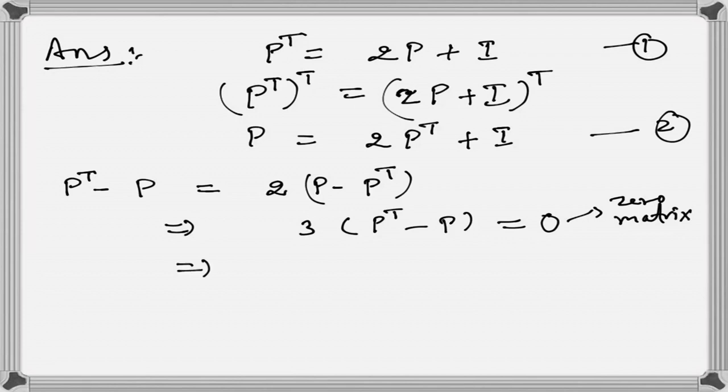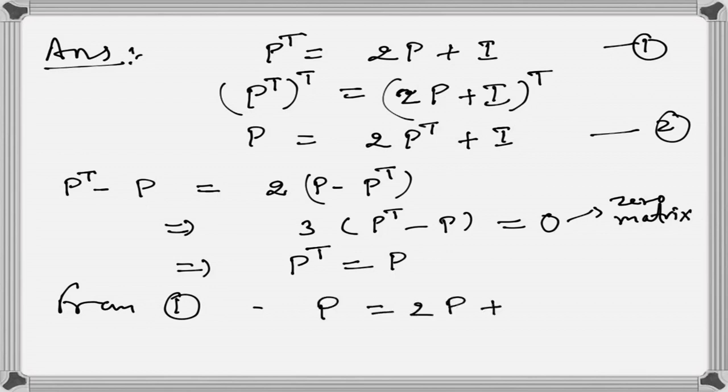So this implies P transpose is equals to P. So that is, P is a symmetric matrix. Okay, so now given P transpose is equals to P, then from equation 1, P is equals to 2P plus I implies P is equals to minus I. Alright, so this is what we obtained.